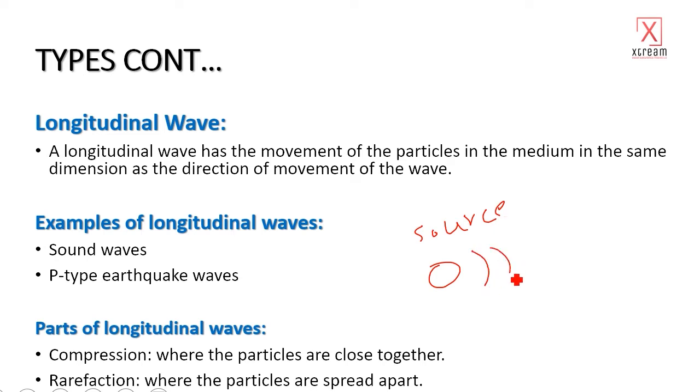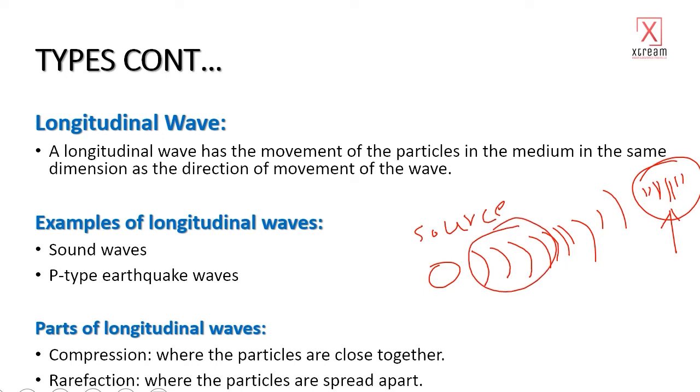The longitudinal waves will be in the form of compression and rarefaction, like this and like this. The part of the wave where the particles are close together is the compression part, and the part where the particles have larger distance compared to the compression is called the rarefaction.